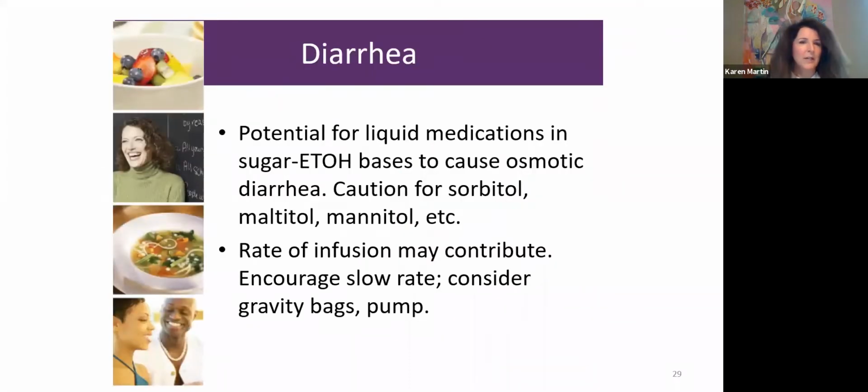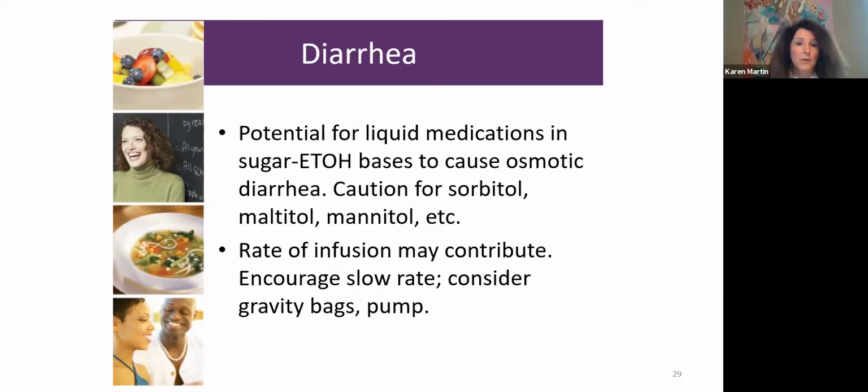We've already talked a little bit about this, although I do want to reiterate that if you are getting your tube feeding meal in 5 minutes, then I would expect that you would have diarrhea. So that's one of the things that the gravity bag delivery system helps you to tolerate the feedings. Feeding too fast is a surefire way to cause diarrhea and some diaphoresis, sweating, and overall misery with your feedings.